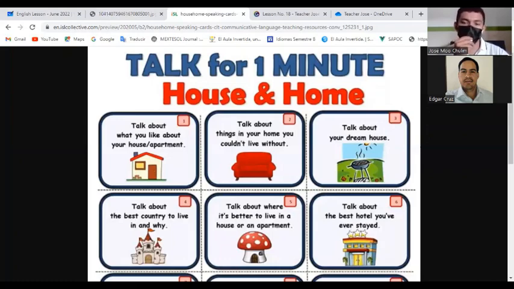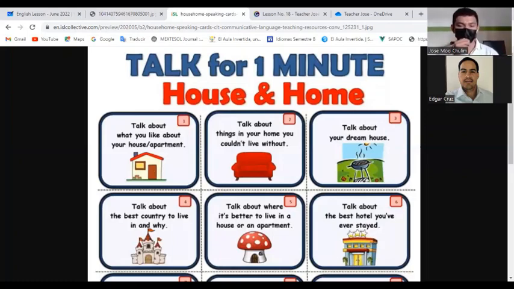And home is usually more related to feelings, how you feel inside your house, your family, and all that sort of stuff. For example, if you want to say, I'm at home, estoy en casa, pero nos estamos refiriendo, estoy en el hogar, estoy con las personas que yo quiero.